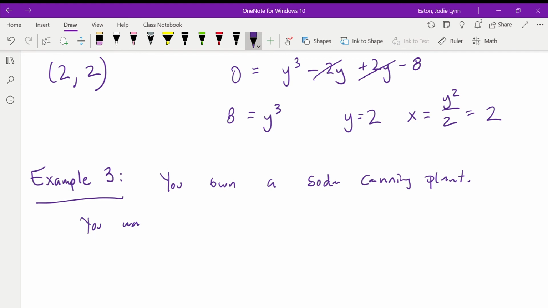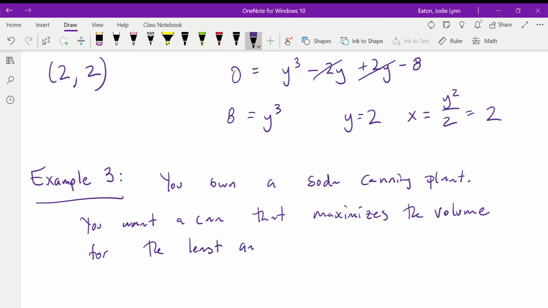You want a can that maximizes the volume for the least amount of material and holds 500 milliliters, which is the same as 500 cubic centimeters.